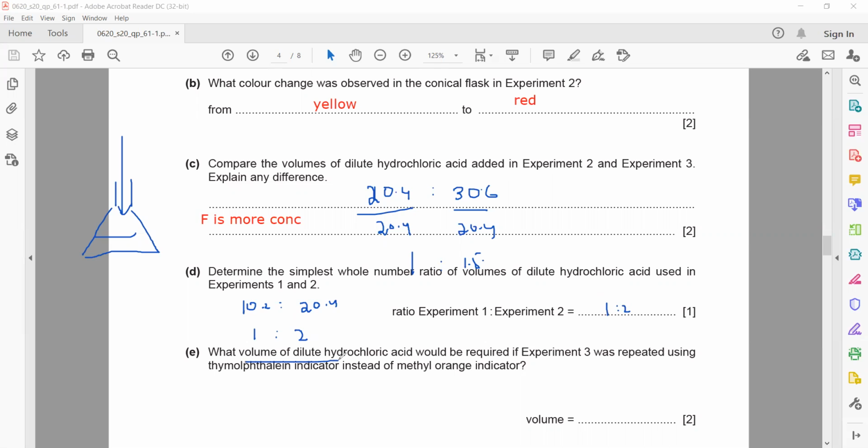What volume of hydrochloric acid would be required if experiment 3 was repeated using thymolphthalein indicator instead of methyl orange? So how can we work out experiment 3?